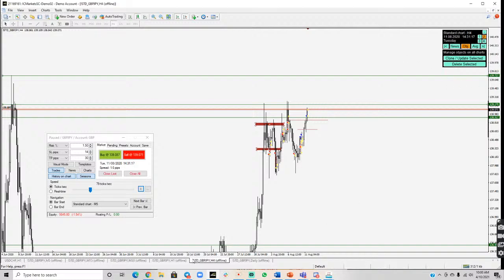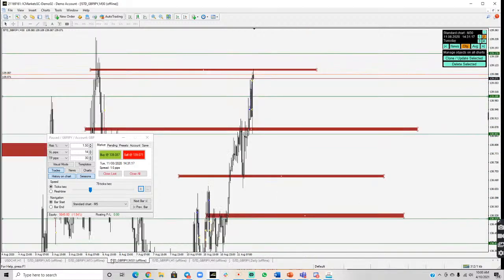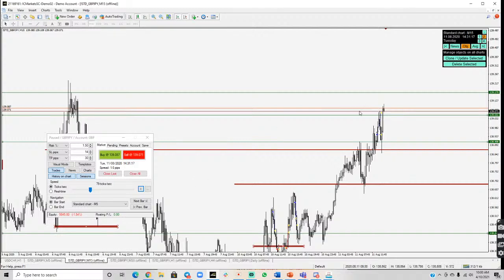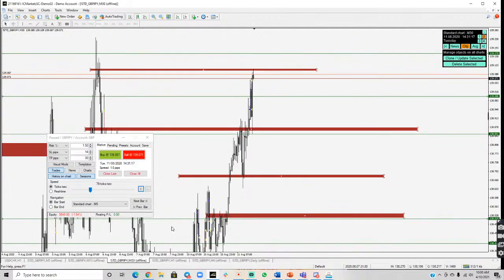I'm just gonna clone these over to the 1 hour, 15 and the 30. So for buys, we might need price above this level. We might need a close above here.